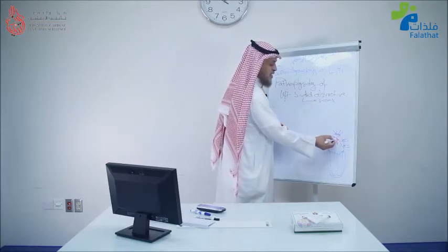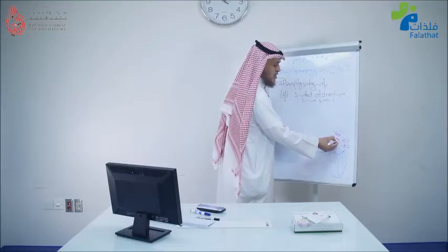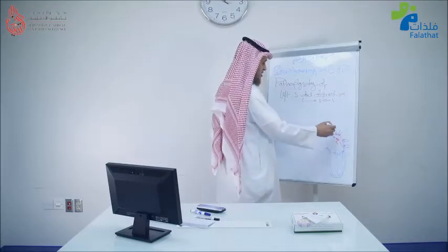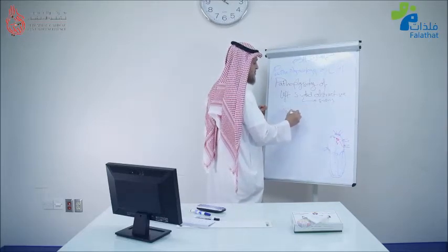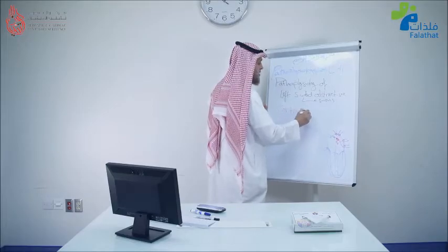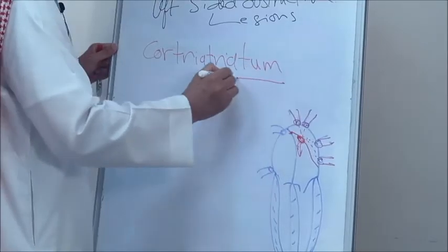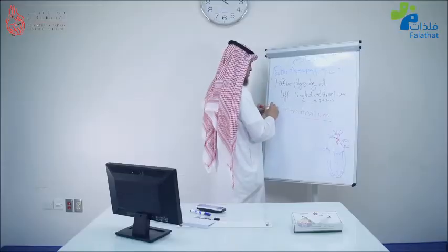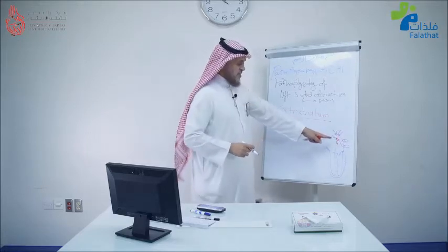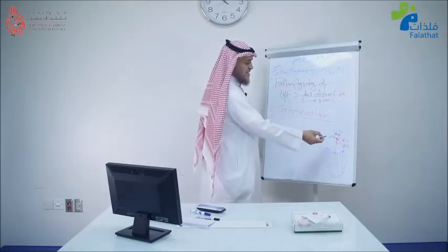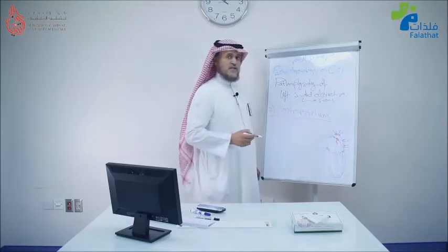Obviously, if we have 4 veins coming in and emptying only through one defect, in cor triatriatum, this is our second obstructive lesion on the left side. If this area is significantly obstructed, then all the venous flow will be obstructed.